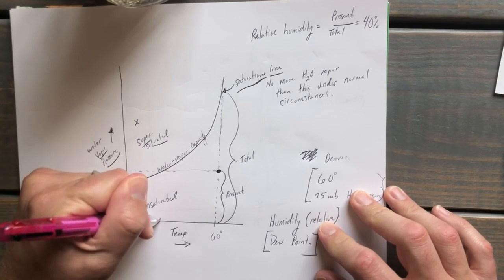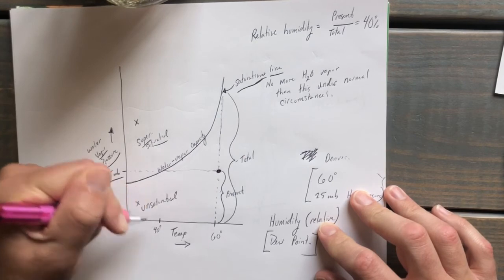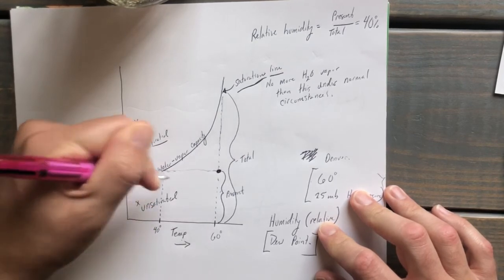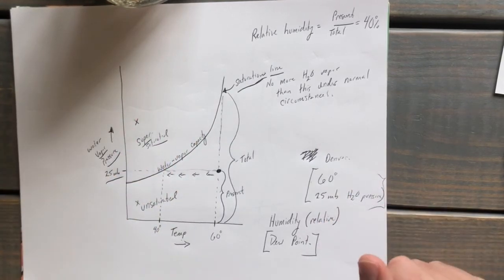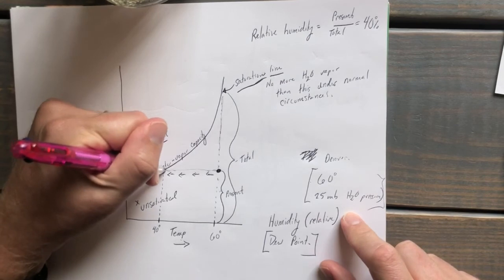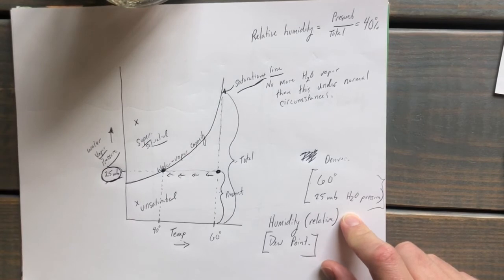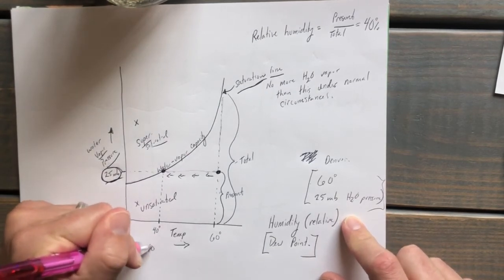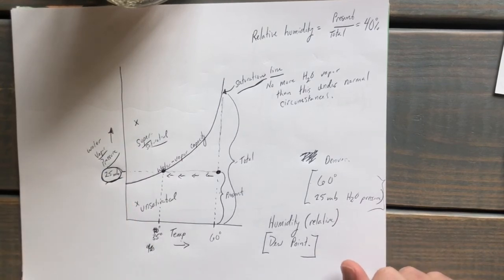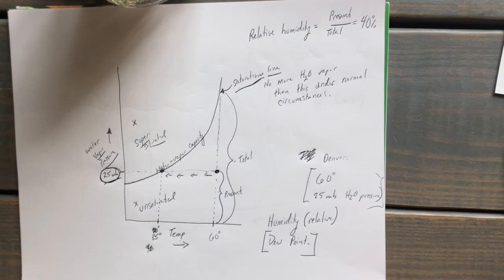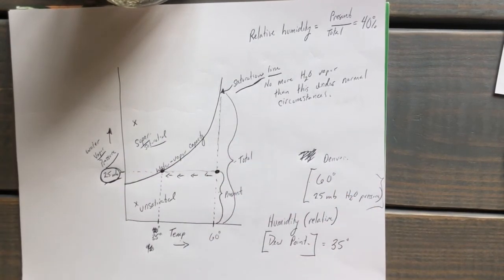The dew point is the temperature, using the graph moving directly to the left, at which a specific air pressure becomes saturated in water. So let's use a different number, 35 degrees, so that we're not confusing it with relative humidity. So the dew point would be 35 degrees.